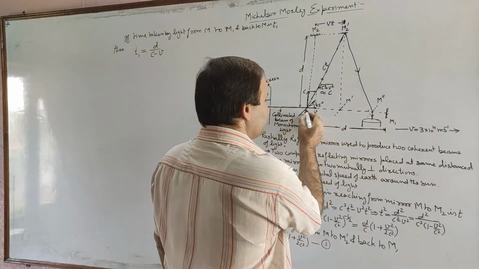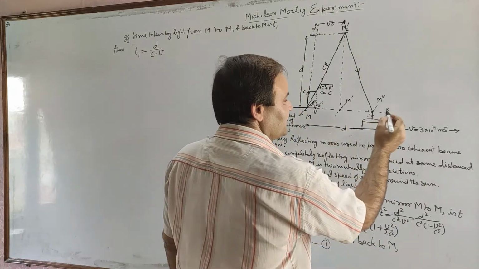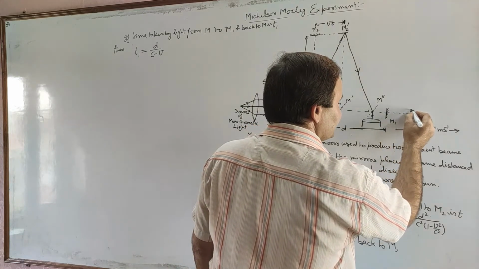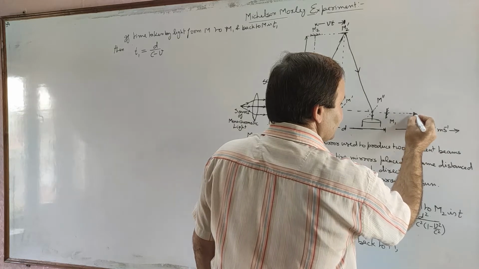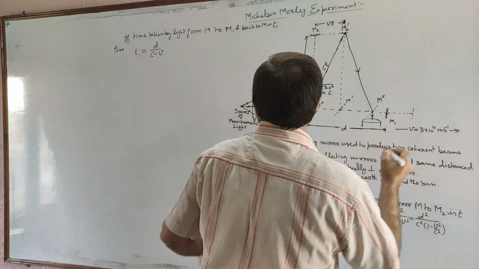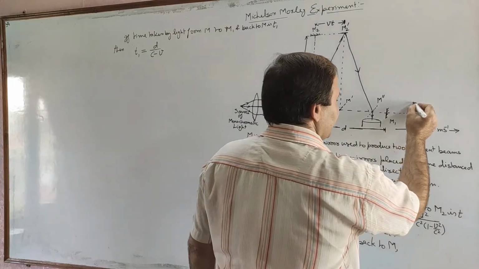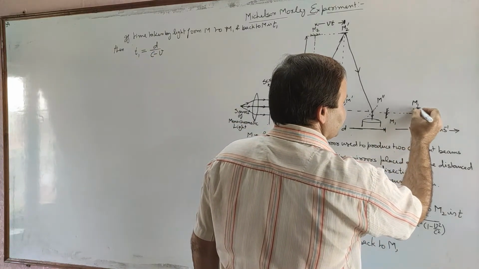So light refracted from M will strike the mirror M1 at a distance equal to D upon C minus V into V, that is at this position.